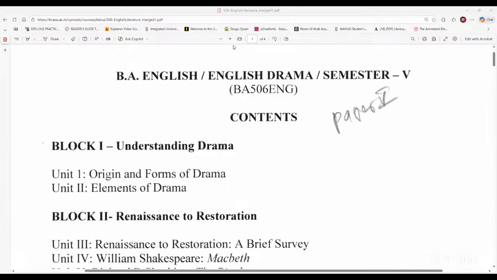The drama moved from religious to secular and human-centered themes.